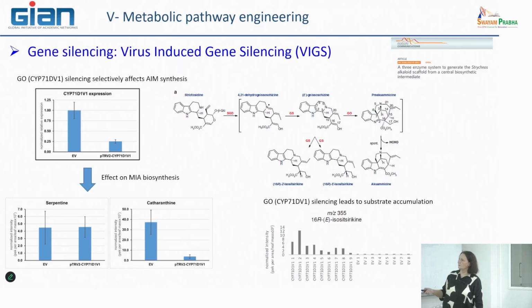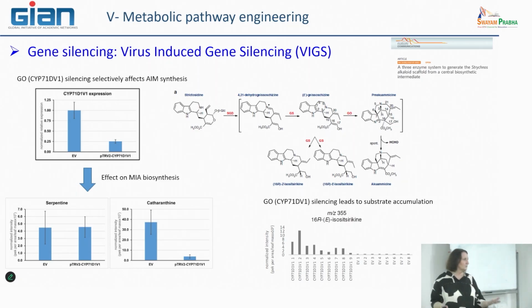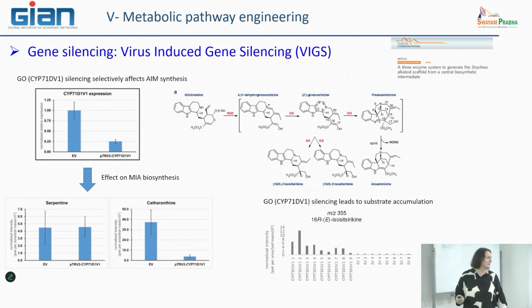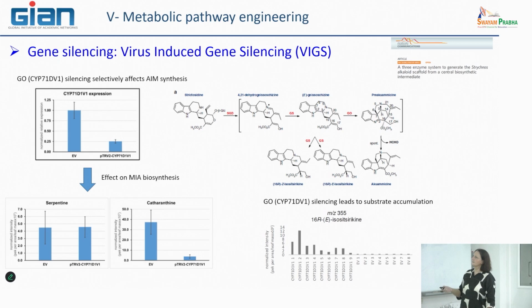In this particular plant, there is no effect, for example, on serpentine production, but a very big effect on catharanthine production, meaning that this CYP acts not before the production of serpentine, but between serpentine and catharanthine.